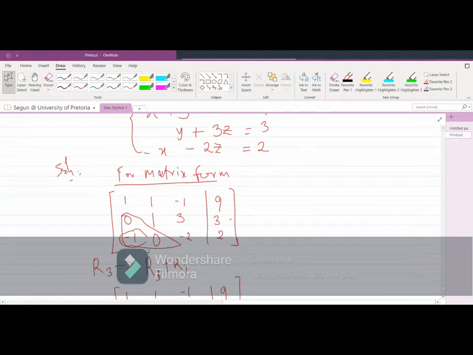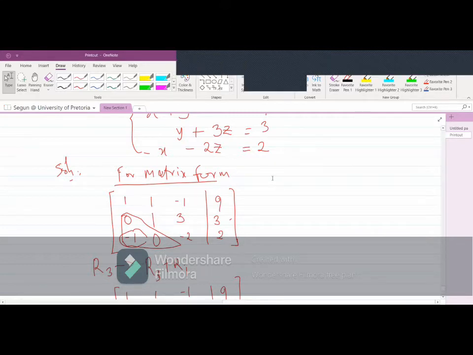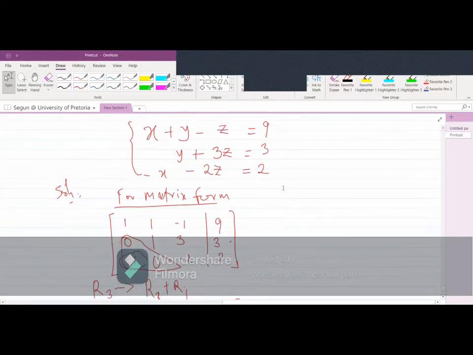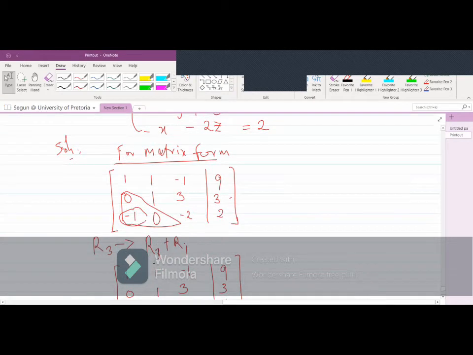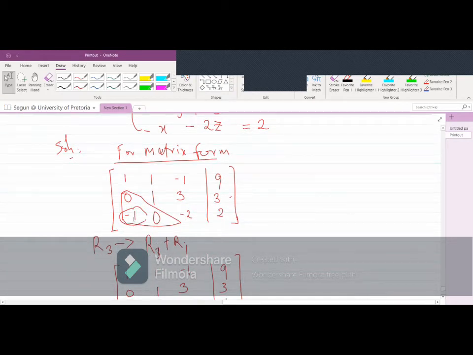You must make the three elements 0 using methods that you must be able to justify. The first thing is, let's work on row 3. We know that minus 1 plus 1 will give me 0. For row 3, I use it.